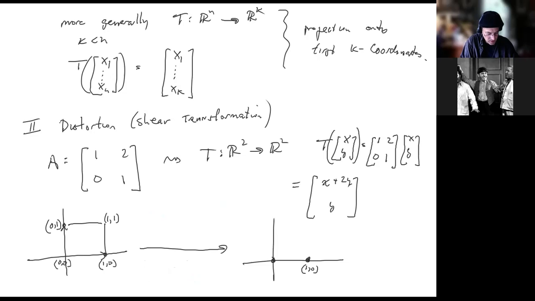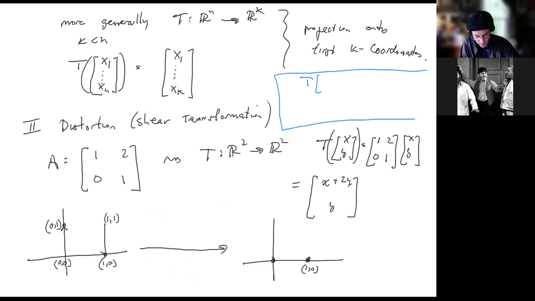Okay, and now let's see what T does to (1, 1). T of (1, 1) is going to be 1 plus 2 times 1, and then 1.